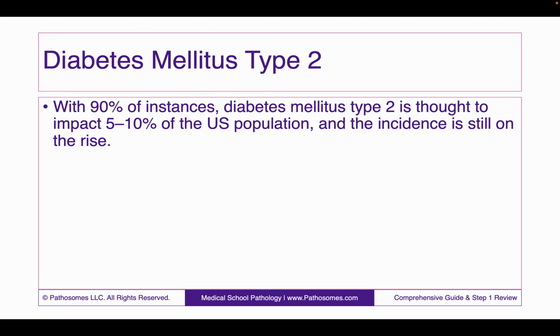With 90% of instances, diabetes mellitus type 2 is thought to impact about 5 to 10% of the US population, and the incidence, as you can imagine, is still on the rise.